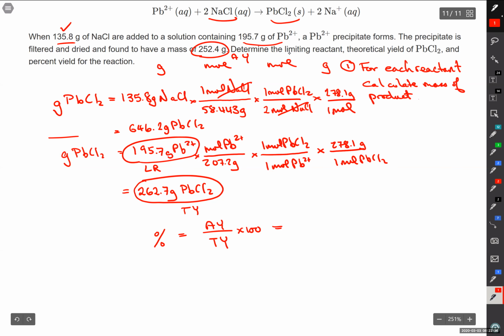So I'm going to write 252.4 grams divided by 262.7 grams times 100. It looks like 96.1, you said? Yeah, I'll go with that. Sounds about right. And you write the units, grams, and they cancel out.